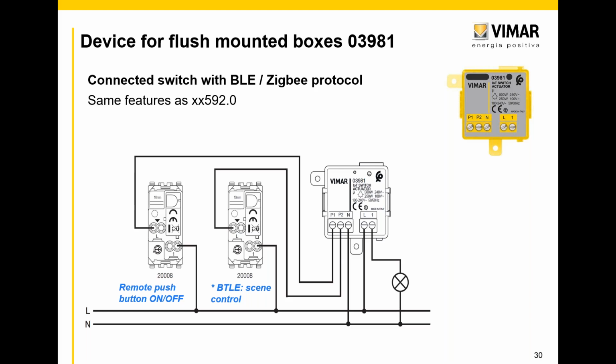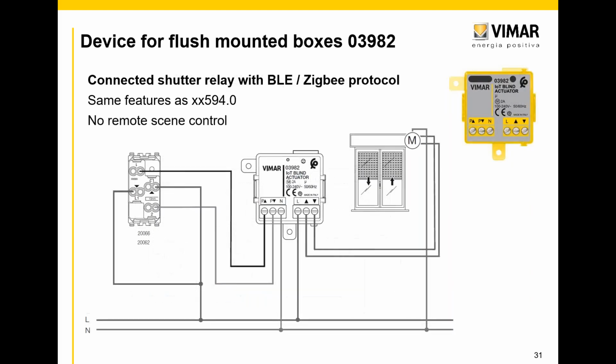Which scenario? Later on, the final user decides. So very flexible. The installer just has to prepare the wiring and the configuration, and then the end user will decide which scenario this button triggers.